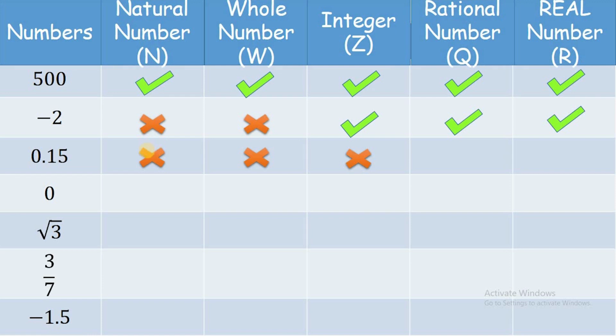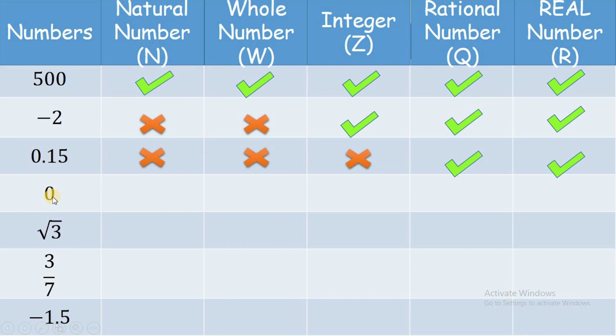It does not include decimal numbers, and also the whole numbers do not include decimal numbers, and also the integers do not include decimal numbers or numbers in fraction form. Therefore, it is a rational number because 0.15 can be expressed as 15 by 100. And if the given number is a rational number, then it is also a real number.